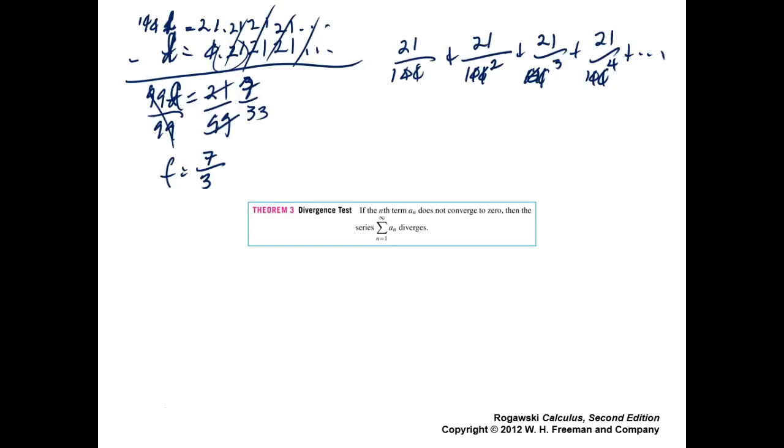Well, that's a geometric series. Your C here is 21. Your R here is 1/100th, since every term is 1/100th times the previous term, so it's 1 over 100. That's certainly less than 1, okay? Where are you starting from here? You're not starting from n equals 0, you're starting from n equals 1, aren't you?